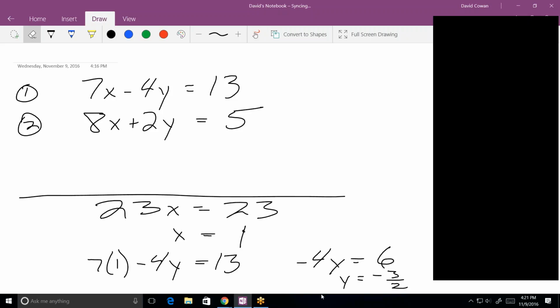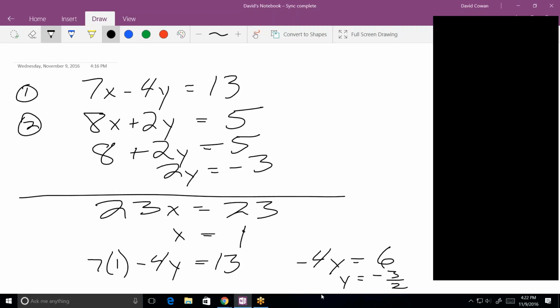When I used equation 1, I ended up with this minus 4y here. If you ever have a choice between using positive coefficients or negative on the variable you're trying to solve for, always use the positive coefficients. Notice that this comes in as 8 plus 2y equals 5. So 2y equals minus 3. Y equals minus 3/2. Get the same answer, but not as much likelihood to make a mistake.